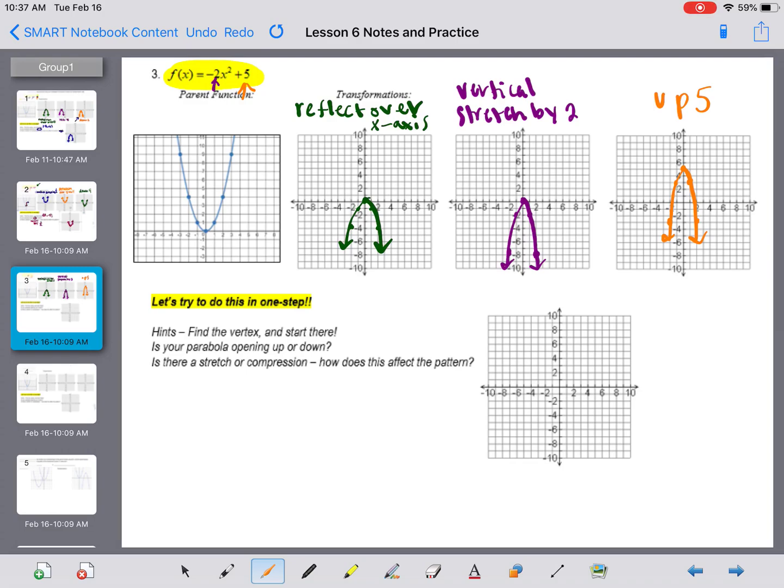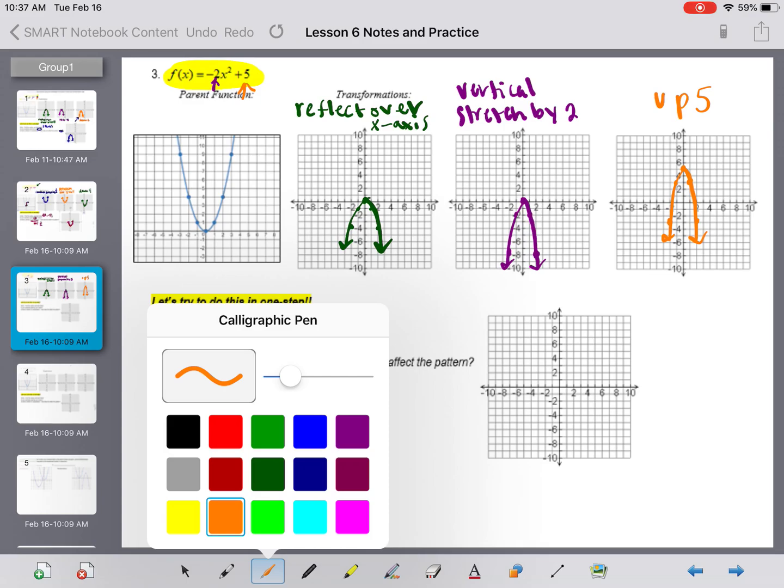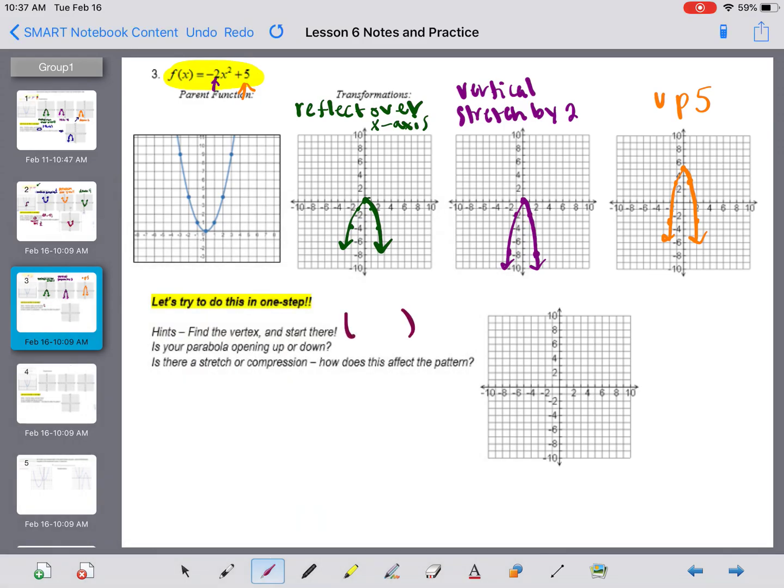So again, how we would do this in one step is, again, plot the vertex. So our vertex is at 0 again, 5. We're not adding or subtracting anything with the x, which is 0, 5, so plot that. We're opening down because there's a negative out in front. We reflected it over the x-axis, and there's a stretch. So we're multiplying the distance that we count by 2.